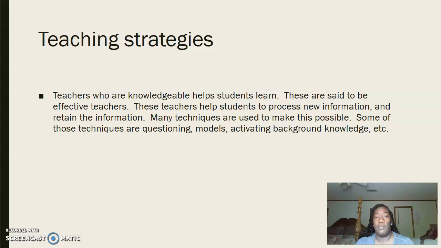And like I said, you can use pretty much anything as a teaching strategy or a study strategy. I just feel like do whatever you can do for the kids to understand and retain.